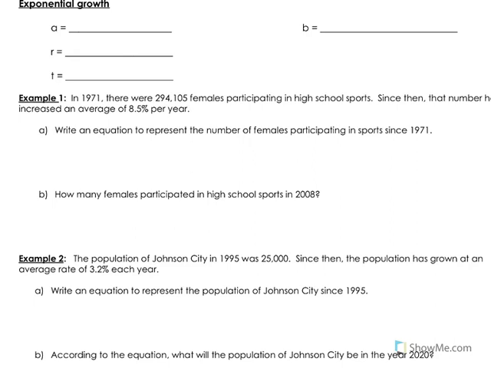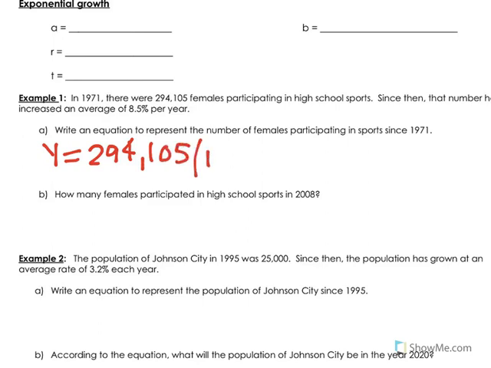It says it increased, so we're going to use the exponential growth formula. So we have y equals our initial value for A. If you look at your formula above, A is the first thing we're going to put. So our initial value is 294,105.